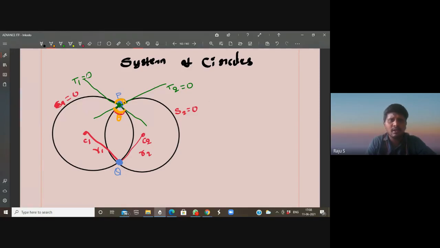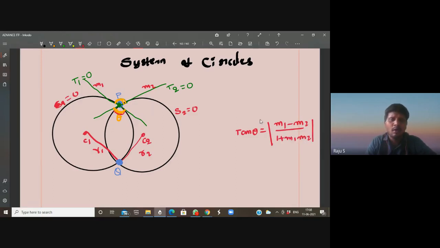Simple. Here, T1 has slope M1 and T2 has slope M2. What formula can we use? If we know the slopes, tan theta is equal to M1 minus M2 by 1 plus M1 M2.